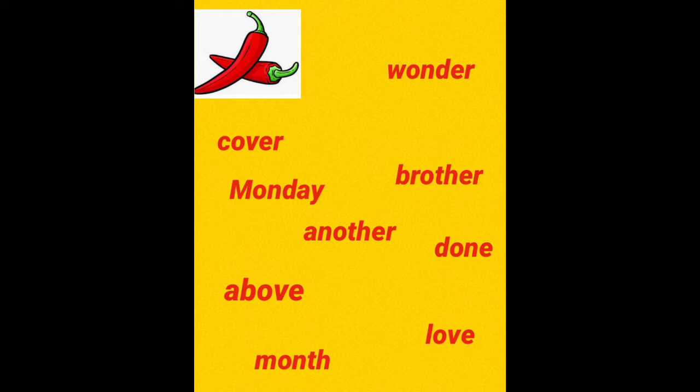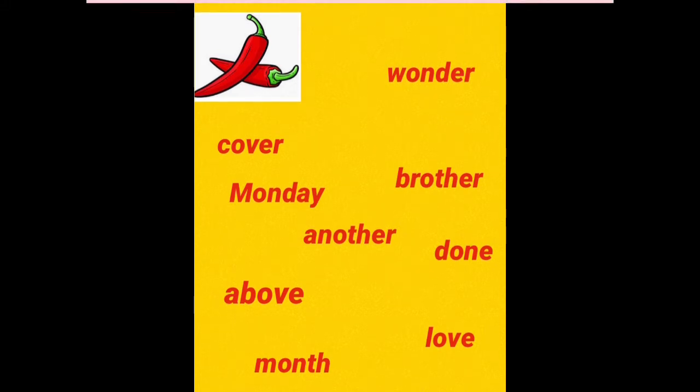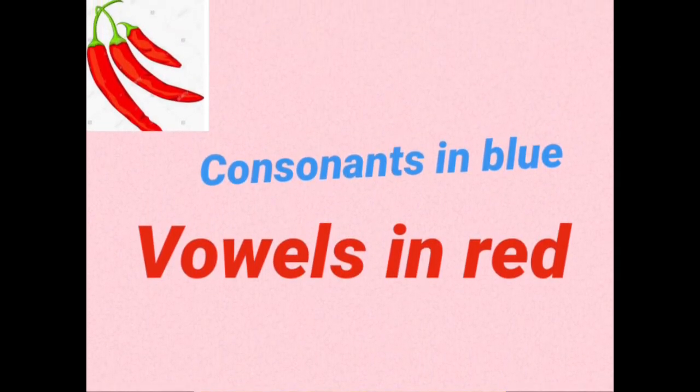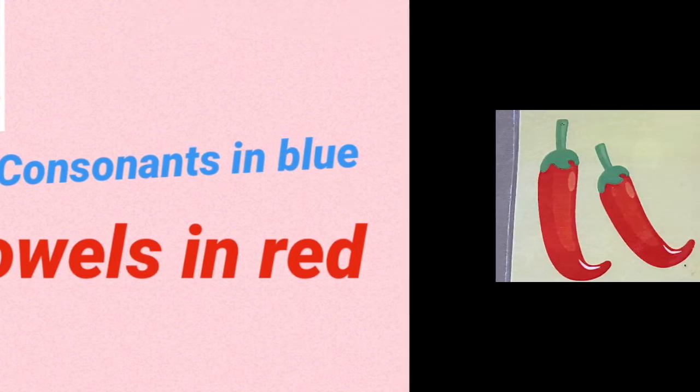Can you sort these words into 3 different groups? Think about which letter follows on from the O that makes the U sound. And Chilli 3, as you are carrying out the Chilli 2 activity, are you able to write the vowels in red and the consonants in blue? There may be a Valentine's Day pun there, but that's for another time.